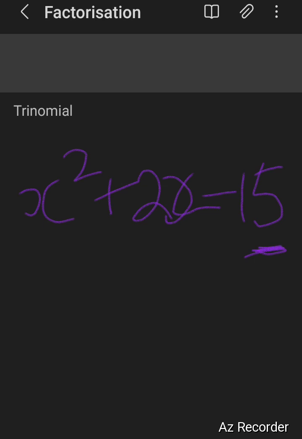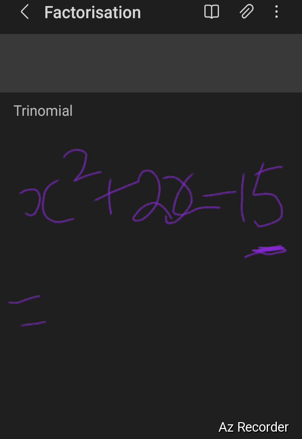We can see that the constant is negative 15. So the signs here will differ because 15 is negative. So the larger factor will get the sign of the middle term, as the coefficient is positive. That's how it will be.